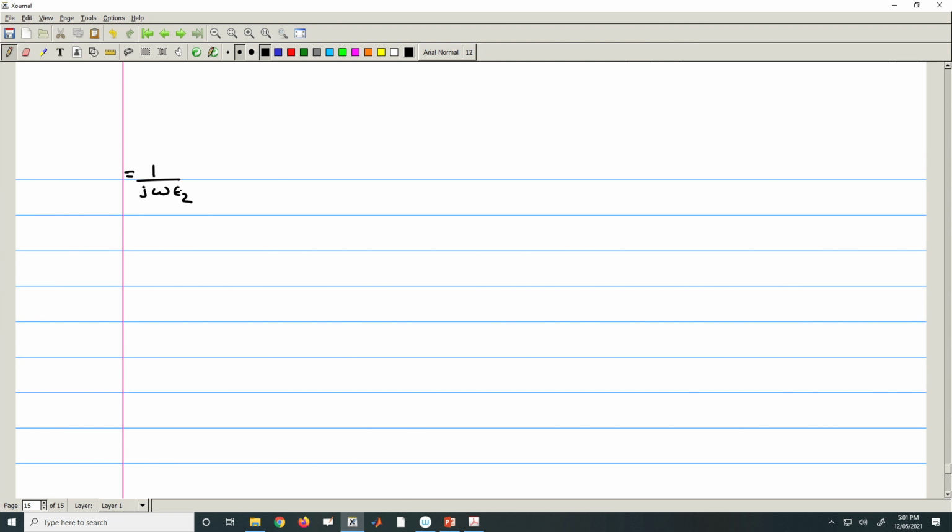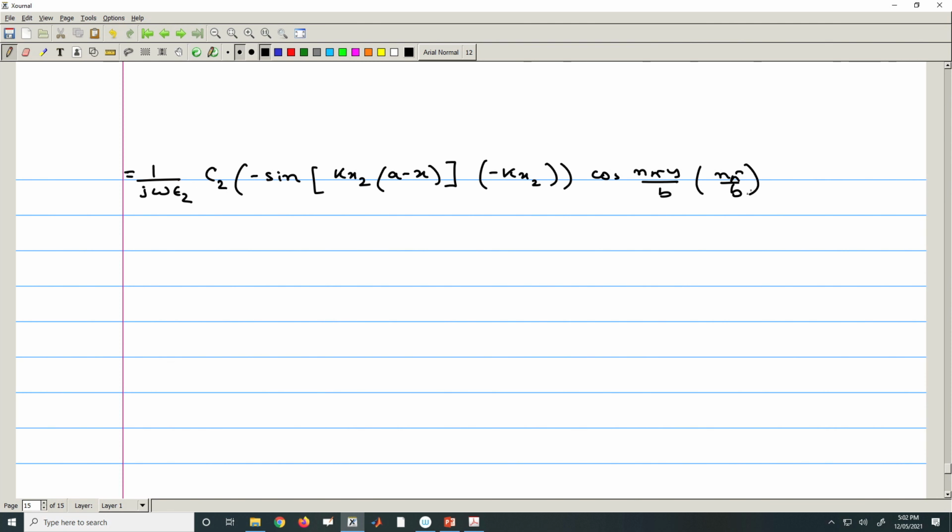So we will have C2, and the cos of kx2 (a minus x) will become minus of sin of kx2 (a minus x), multiplied by minus kx2, then cos of n pi y upon b, n pi by b, sin of p pi z by c.